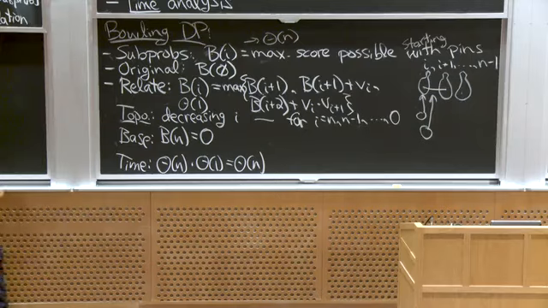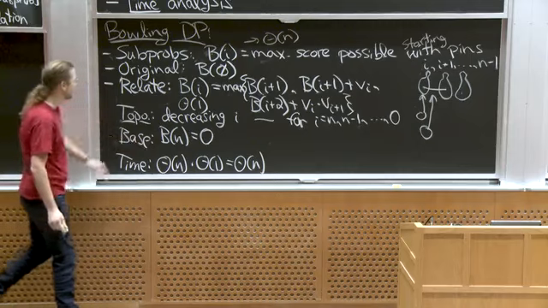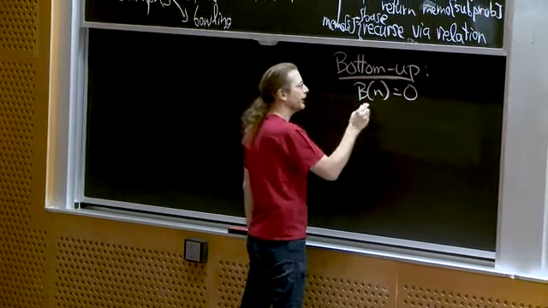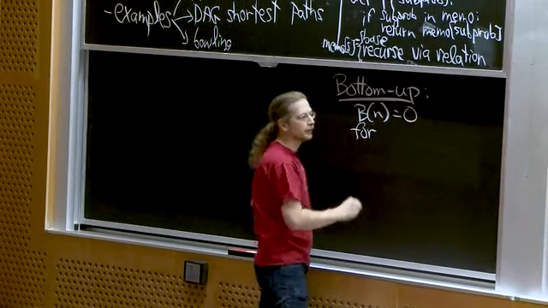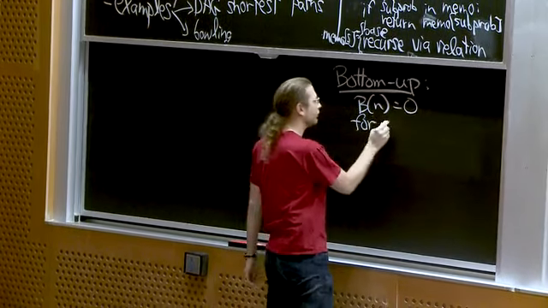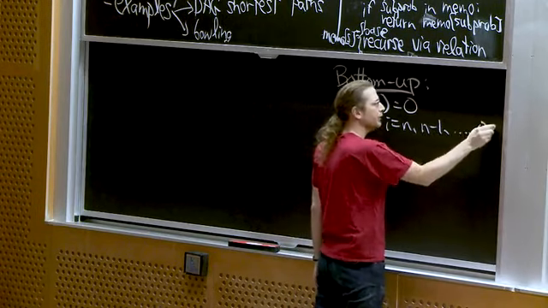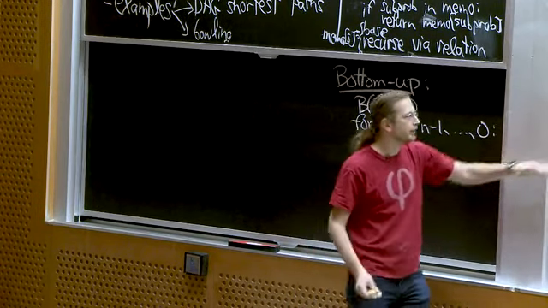Let me start with the base case, b of n equals 0. But now it's an assignment. And I'm going to do the for loop from the topological order, for i equals n minus 1 to 0. Now I'm going to do the relation.